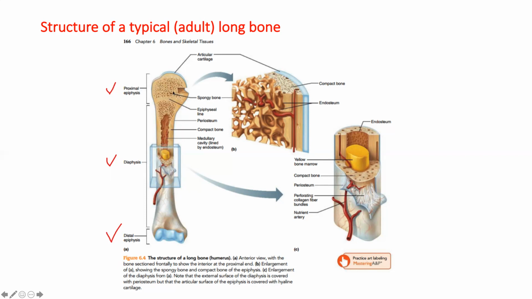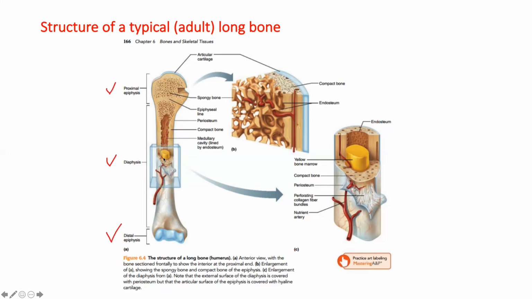Now let's split the bone around the epiphyseal region with a piece of cartilage. Now we are taking this chunk of bone and magnifying it. We can see the compact bone covering the spongy bone here, and the endosteum, and we have a piece of cartilage attached to the bone.